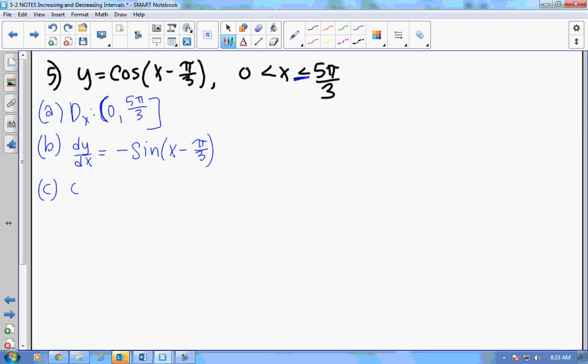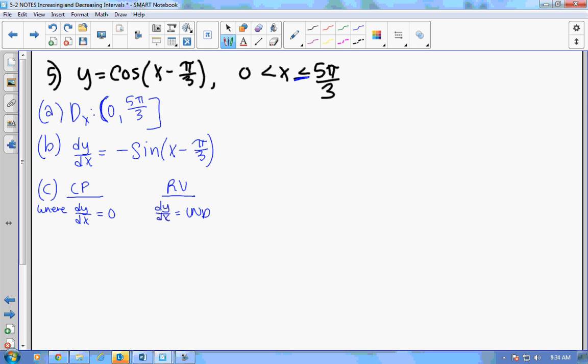Okay, critical points. For critical points we're looking for where the derivative equals 0. And restricted values, we're looking for where the derivative is undefined. So, is a negative sine curve ever going to hit a 0? Is it ever going to cross the x-axis?